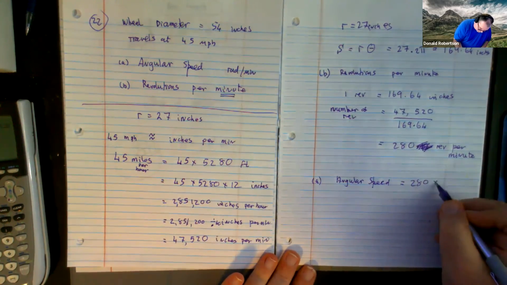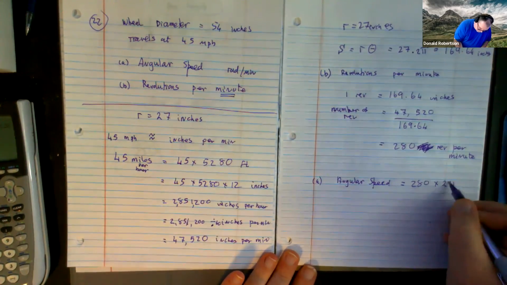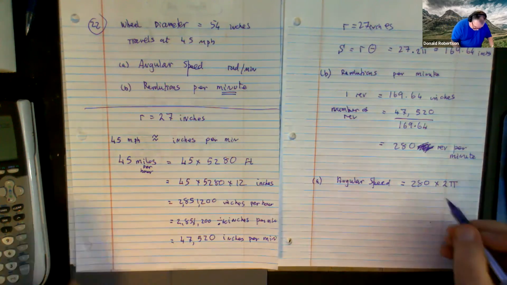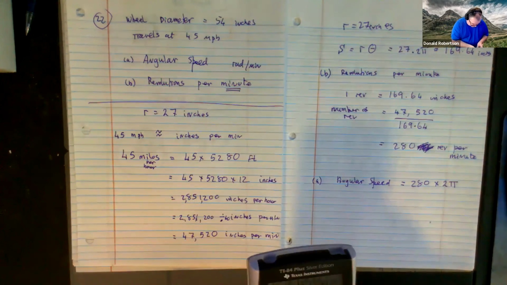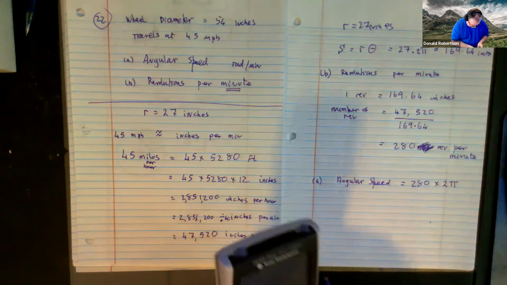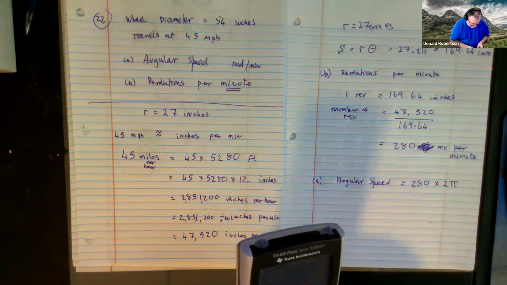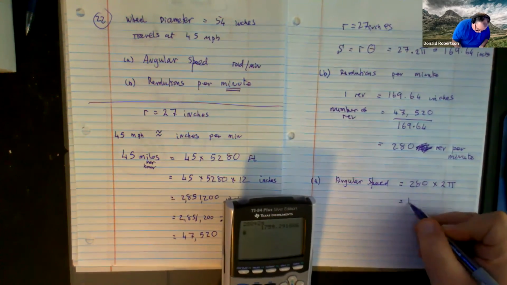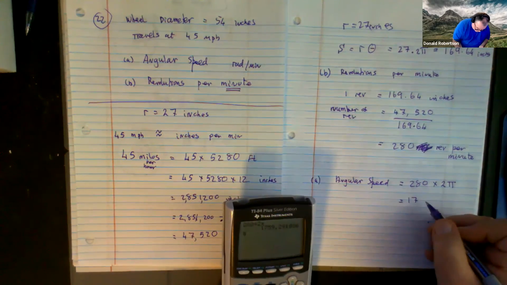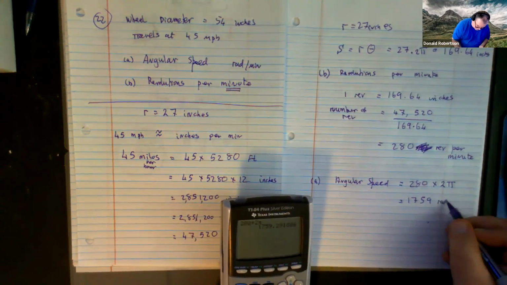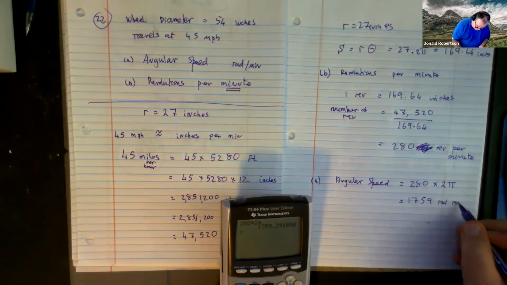And for every one of those revolutions, doesn't the circle turn 2 pi worth? And so if you do 280 revolutions, you do 280 times that. And I get about 1759 radians per minute.